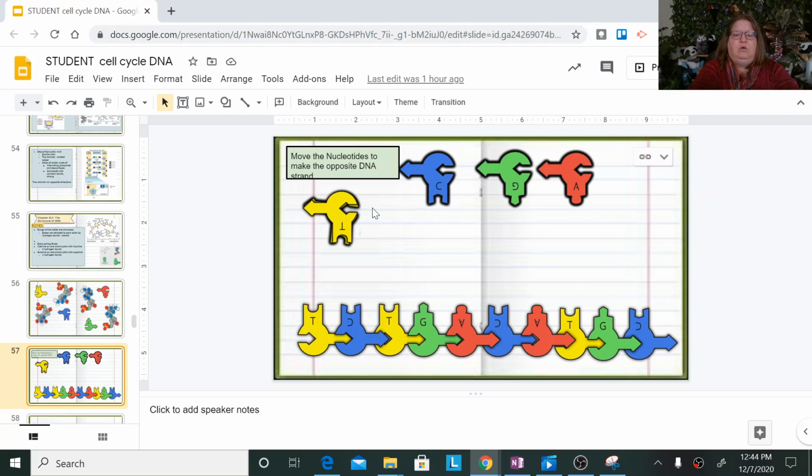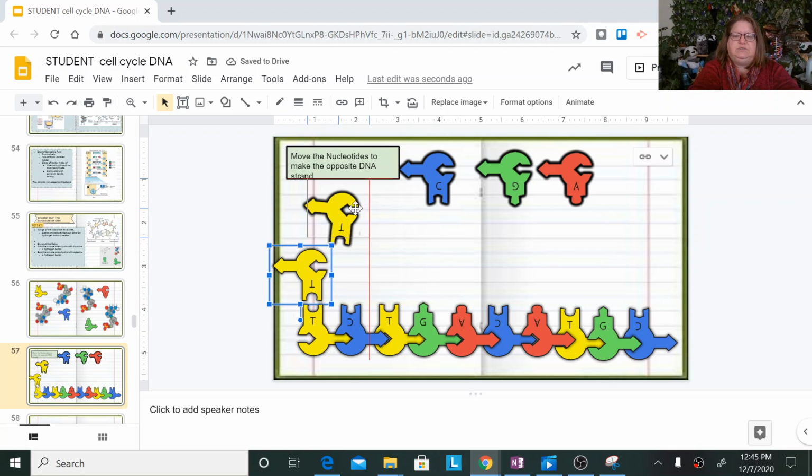I've got a whole bunch up here, all stacked. What you can do is pause the video and decide as a class what should go there. You'll notice that, just like a piece of a puzzle, if you thought, oh, here's a T, well, notice the T doesn't fit. It doesn't match.